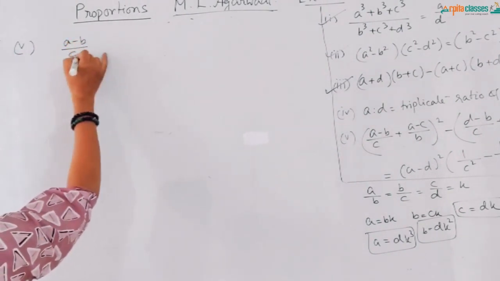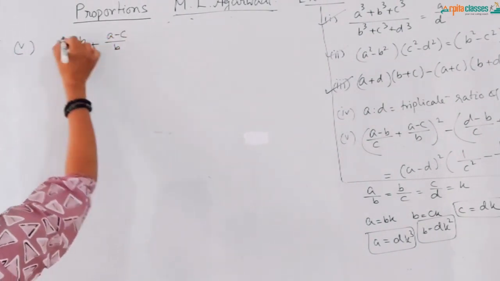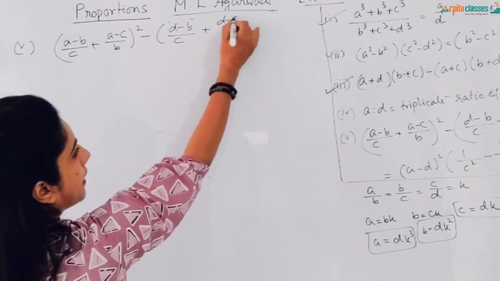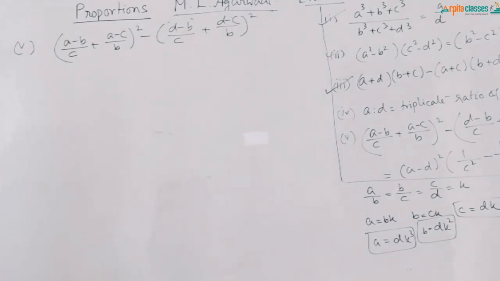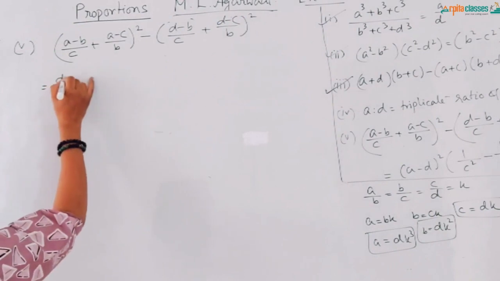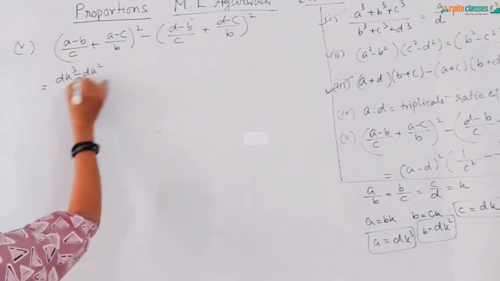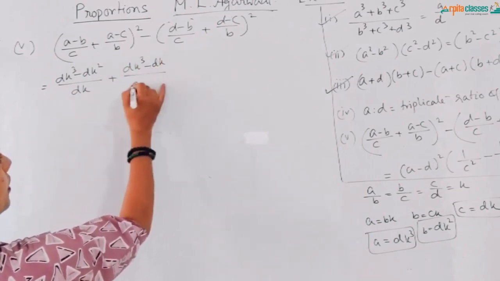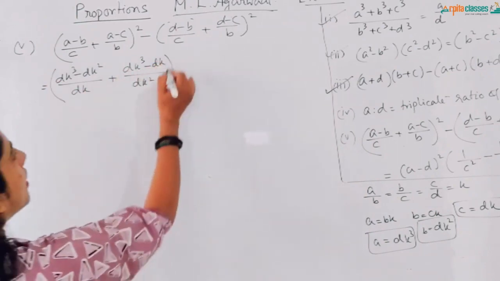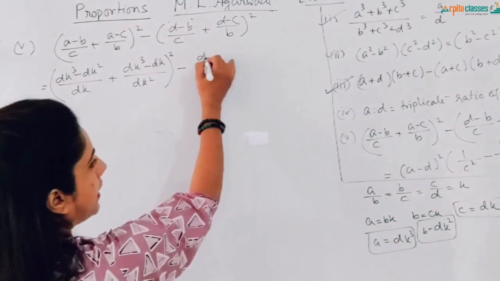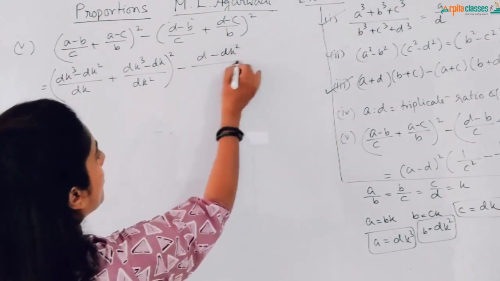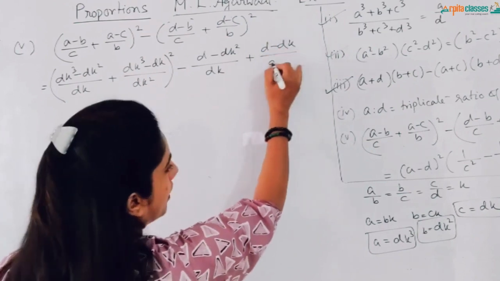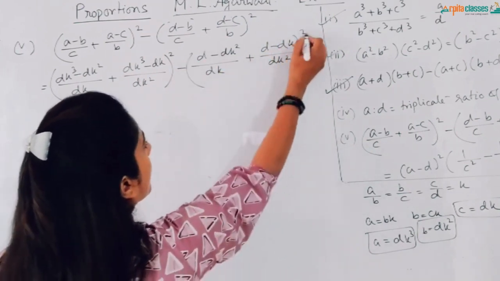A minus b upon c plus a minus c upon b the whole square minus d minus b upon c plus d minus c upon b the whole square. So a is dk cube minus dk square upon dk plus dk cube minus dk upon dk square whole square minus d minus dk square upon dk plus d minus dk upon dk square whole square.